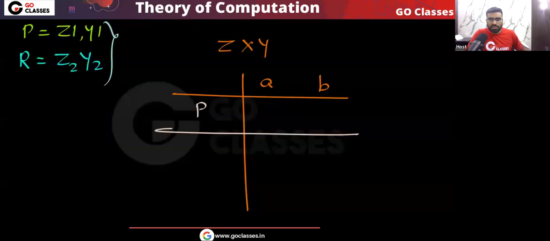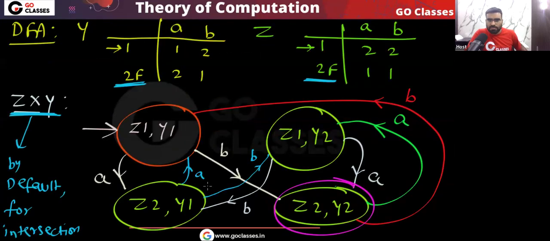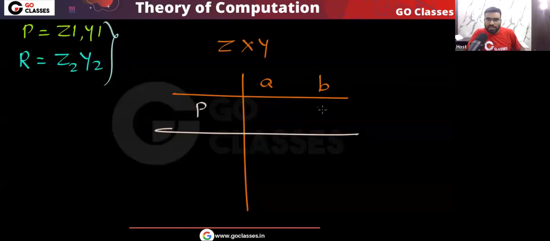And from Z1, Y1 on B, I can definitely say there will be R here. Yes or no? And this R is the final state.